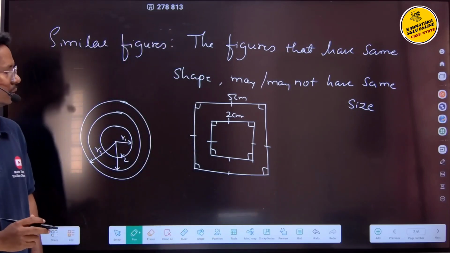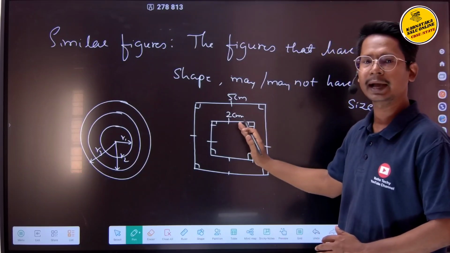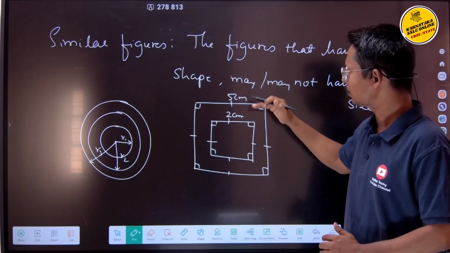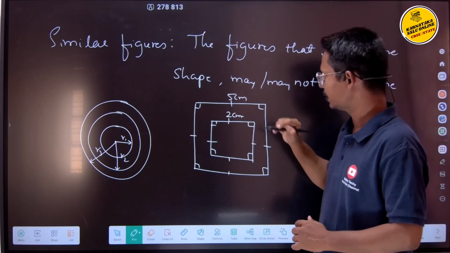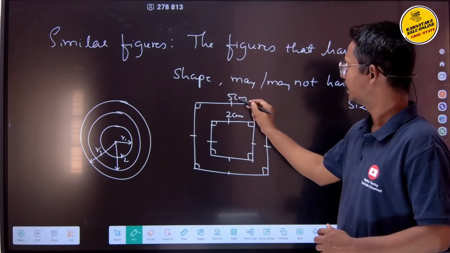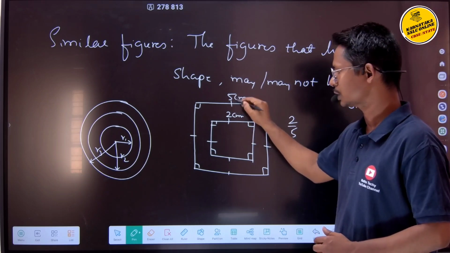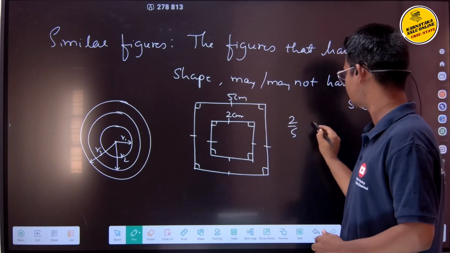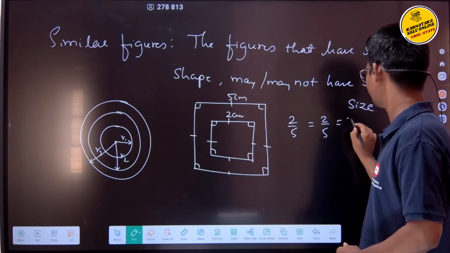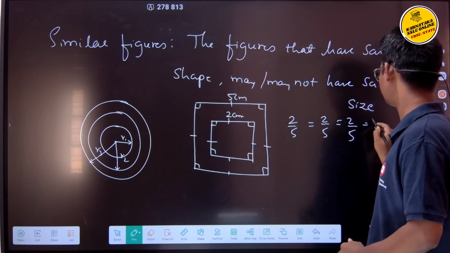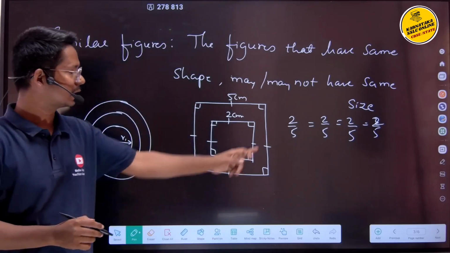So now I can say the figures which have the same corresponding angles and the same corresponding ratio are called similar figures. If I take the ratio of corresponding sides, you can take 2 by 5 for the first corresponding side, 2 by 5 for the second, 2 by 5 for the third, and 2 by 5 for the fourth. So for all the corresponding sides the ratio is the same.